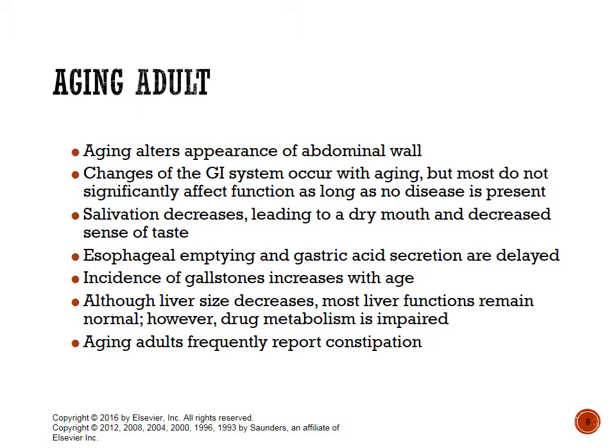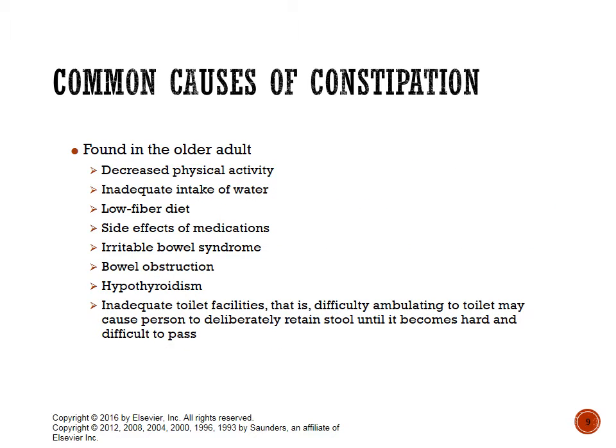So let's talk a little bit about that constipation. Some of the common causes of constipation in an elderly patient are being too still, no physical activity, not drinking enough fluids because their body doesn't demand that like a younger patient's. Also not eating foods that have fiber in them, and being on more medications.